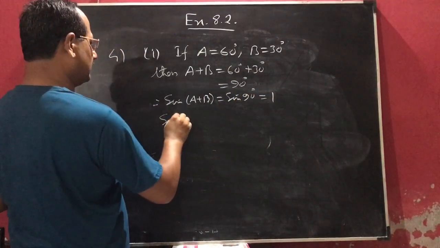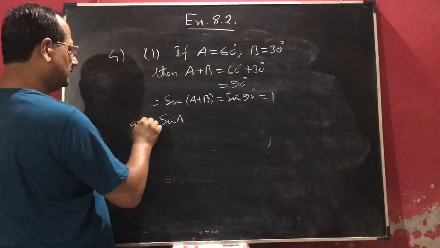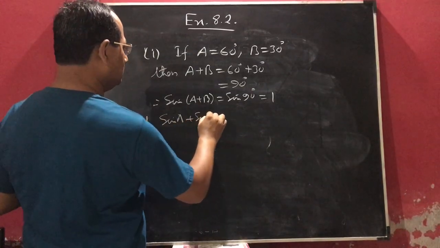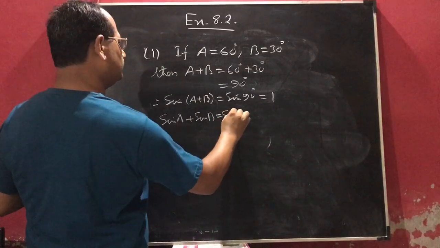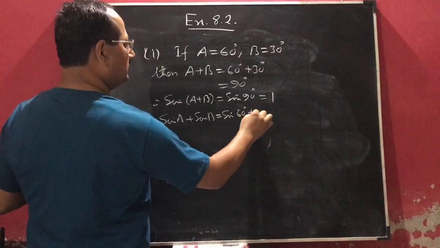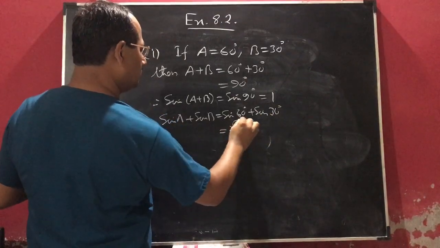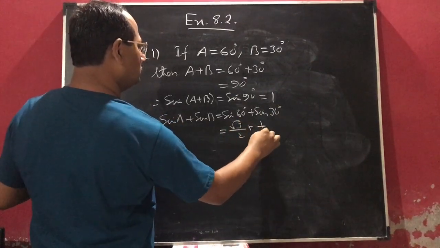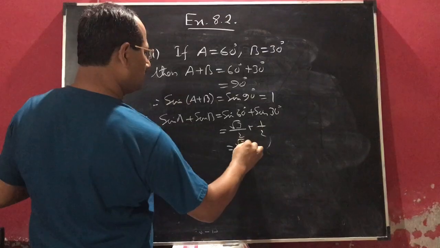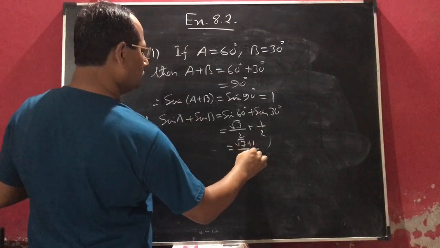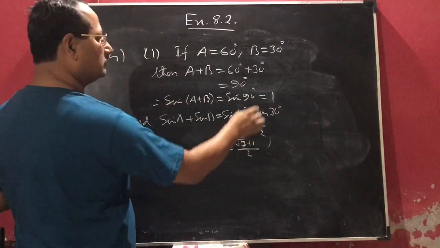And sin A plus sin B equals sin of 60 degree plus sin of 30 degree, that is root 3 by 2 plus 1 by 2, that is root 3 plus 1 by 2. This is not equal to 1.